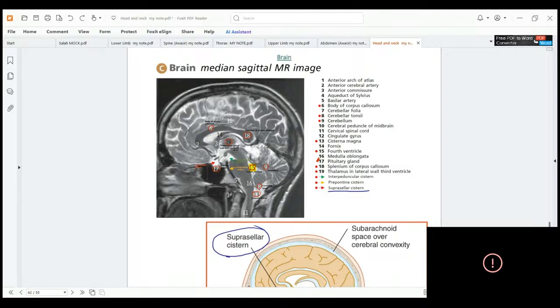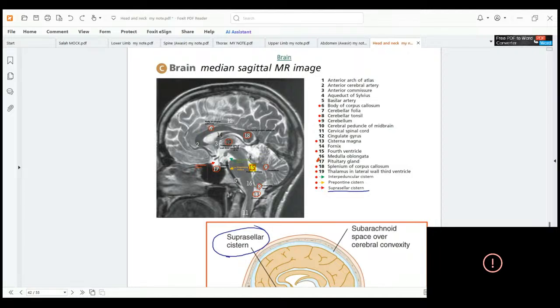Green arrow is the interpeduncular cistern. Yellow is the prepontine cistern.